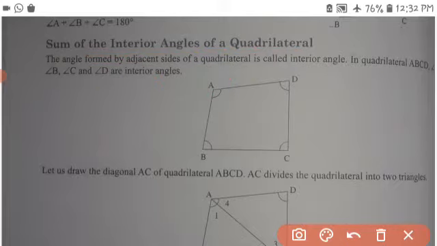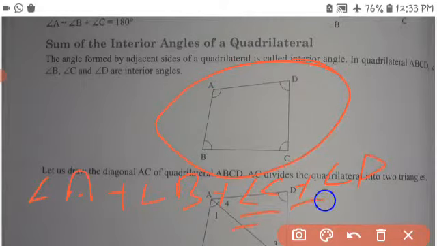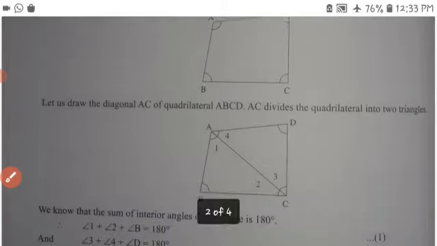Okay, children, this is your quadrilateral ABCD, and the sum of its angles is 360 degrees. Now, next point.